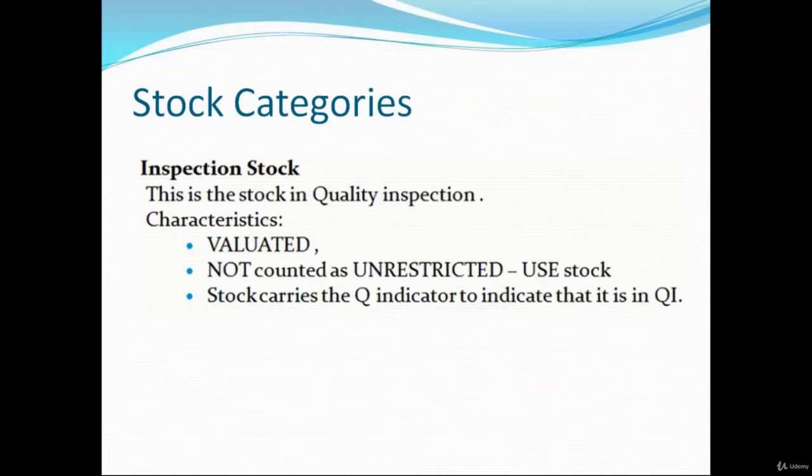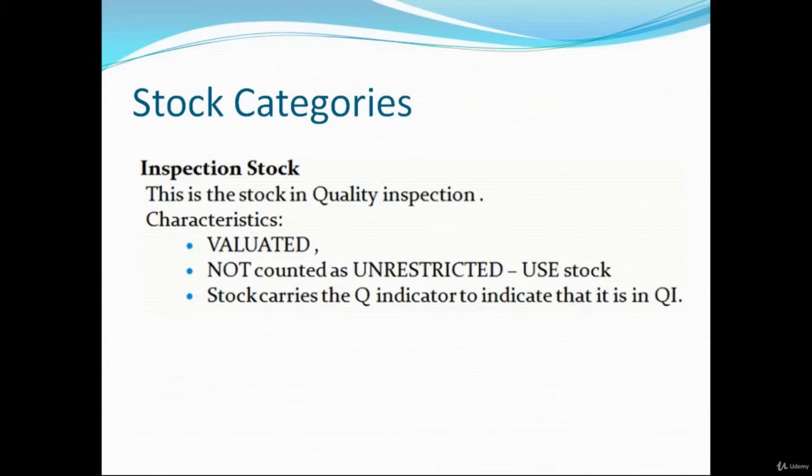So the goods produced from your company also will be put under quality inspection, and the quality department will try and check whether your material, that means your finished goods or semi-finished goods, achieves the quality requirements specified by your client companies. If it does, it will be sent out to the client companies, or it will not be sent out to the client companies.